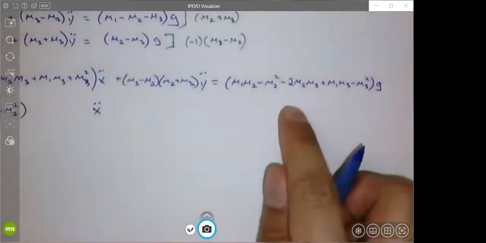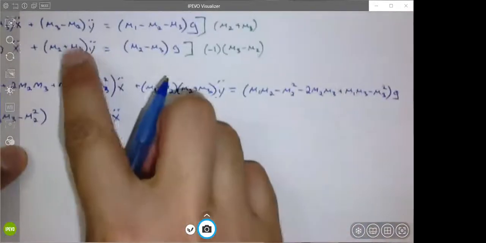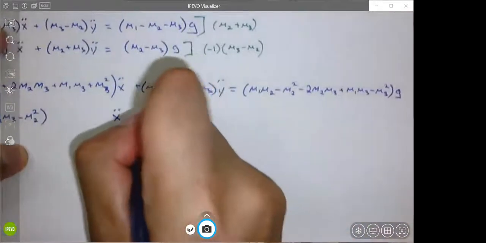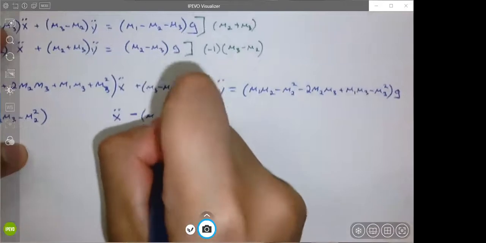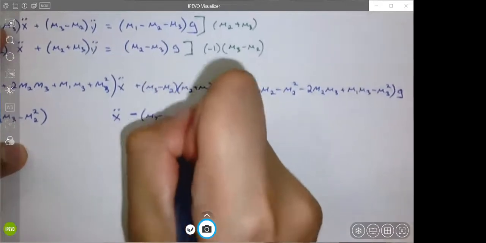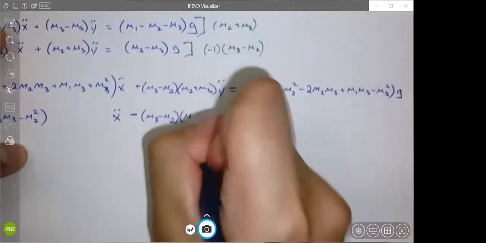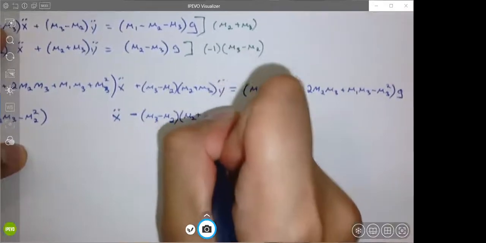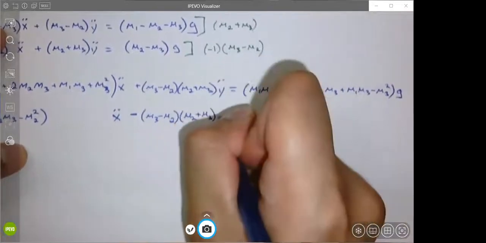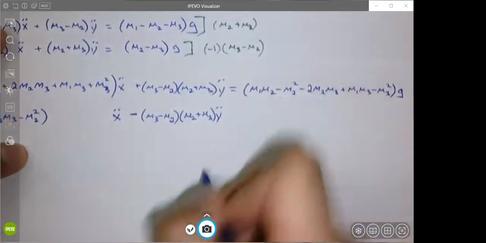Then we're going to take this and multiply it into here, so it's going to be negative (m3 minus m2)(m2 plus m3) y double dot.